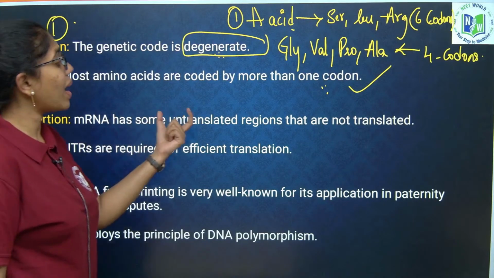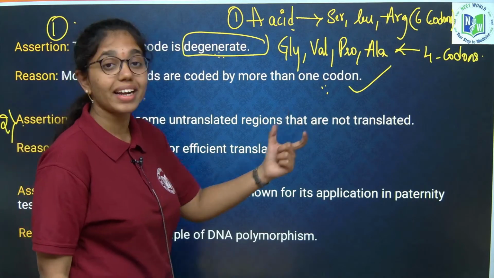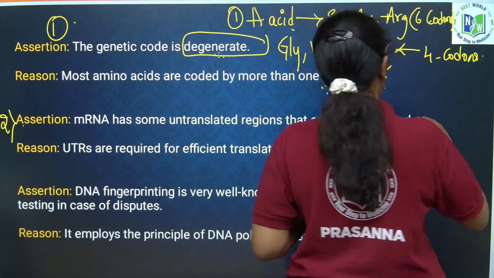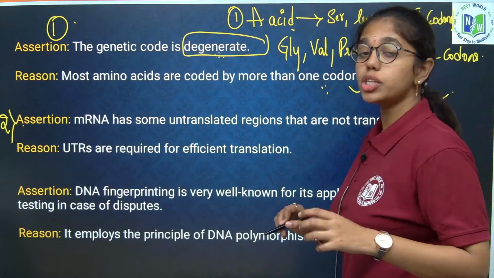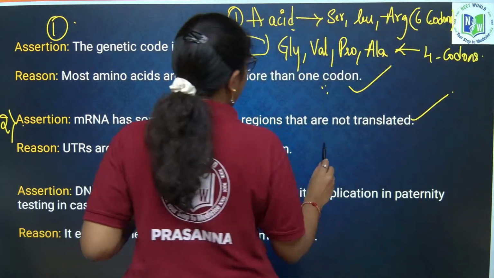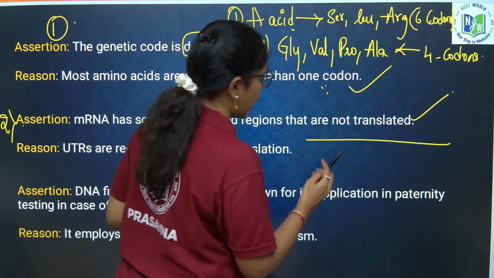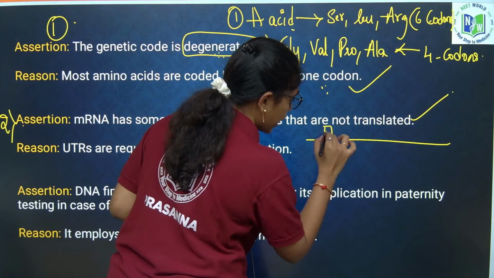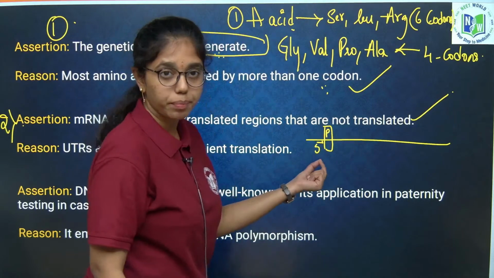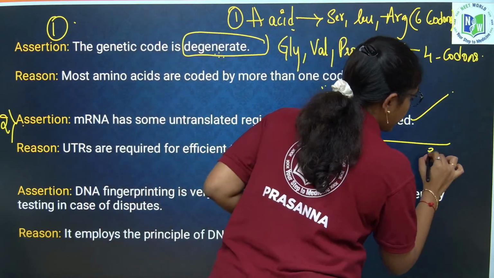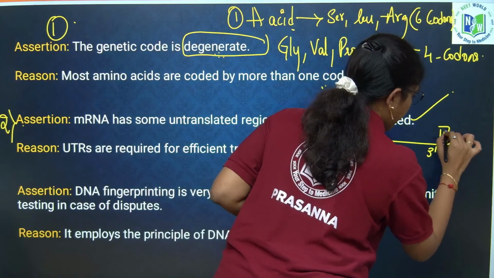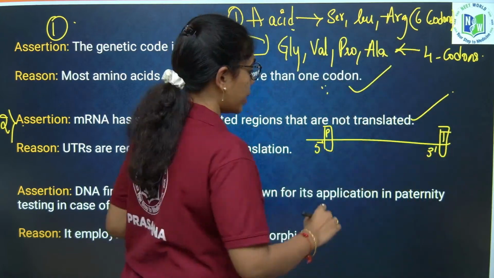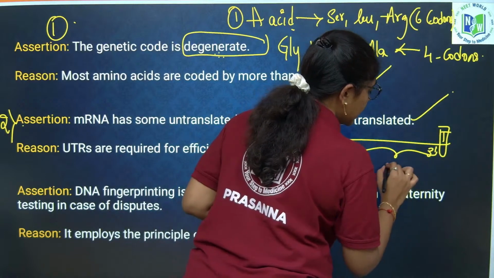Assertion: mRNA has some untranslated regions that are not translated. What are these untranslated regions and where are they present? If you take an mRNA strand, the structural gene has a 5 prime promoter end and a 3 prime terminator, and in between is the structural gene.